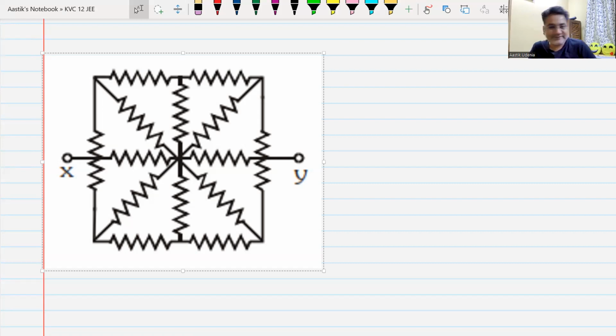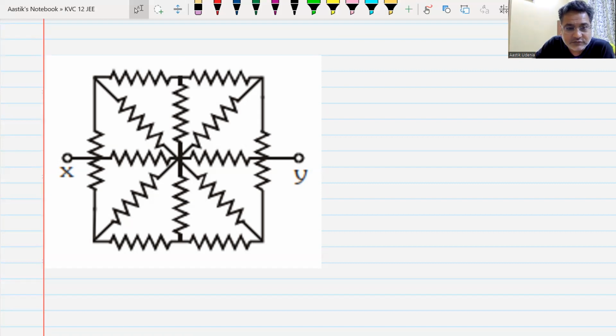Any hope? I don't see any. This is the beauty of physics, my dear friends. If you understand something, you can do even the most frightening looking stuff. You can get that frightening looking stuff done.